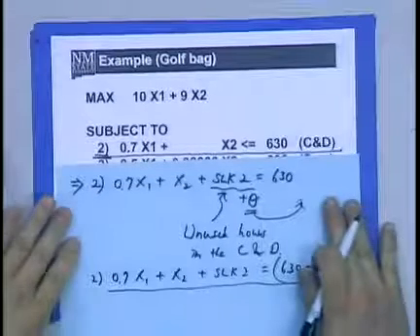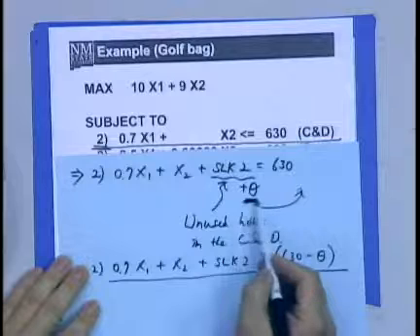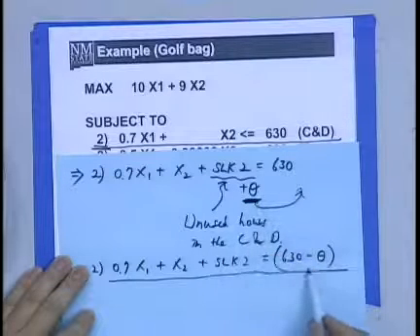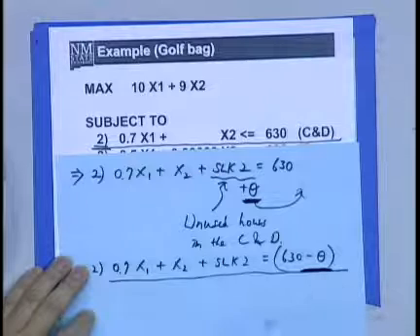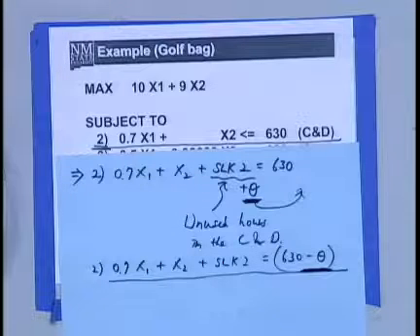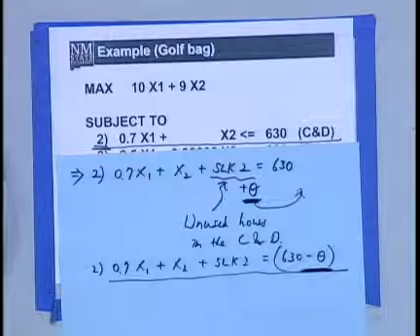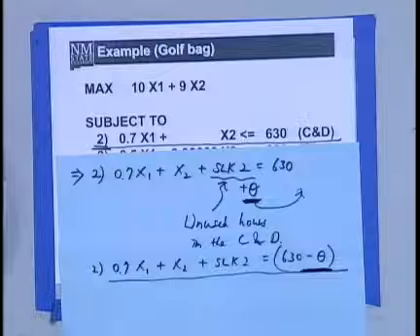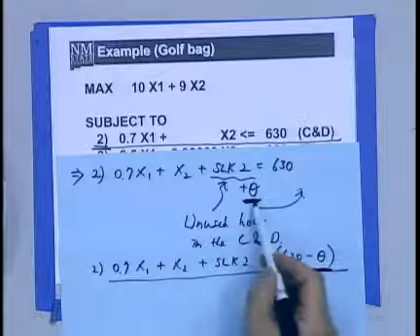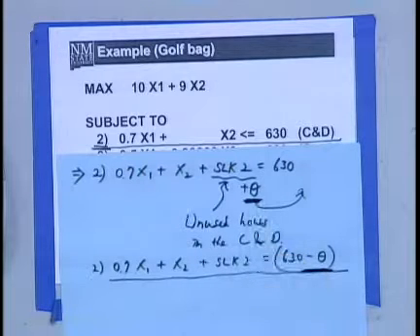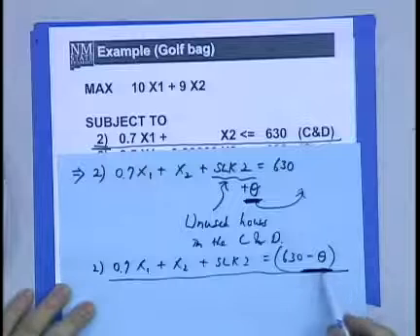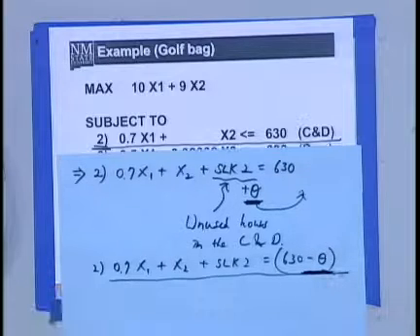So this means more unused hours means fewer hours used. Does that make sense? So we may say that if the variable slack 2, which is the unused hours for cut and die department, were increased, this would be equivalent to decreasing the hours used in the cut and die department.